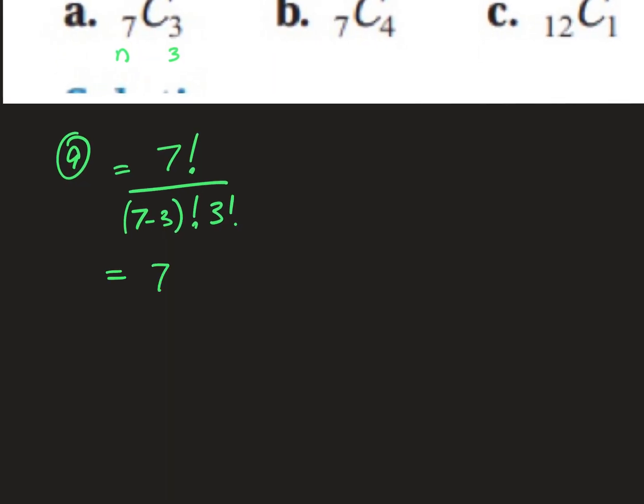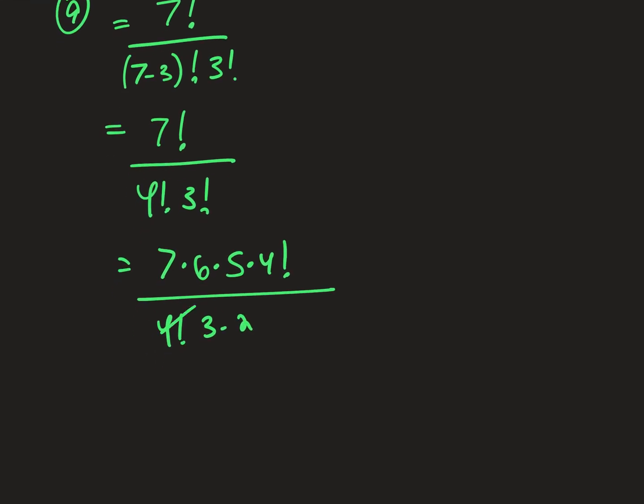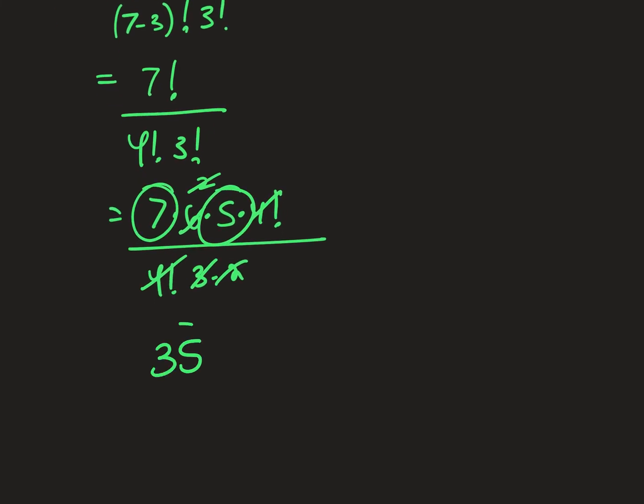As we simplify, 7 factorial over 4 factorial times 3 factorial, this would be 7 times 6 times 5 times, I could stop at 4 factorial over 4 factorial, 3 times 2. So my 4 factorials will cancel out. 3 goes into 6 2 times. 2 goes into 2 once. So I have 7 times 5, and my answer would be 35.